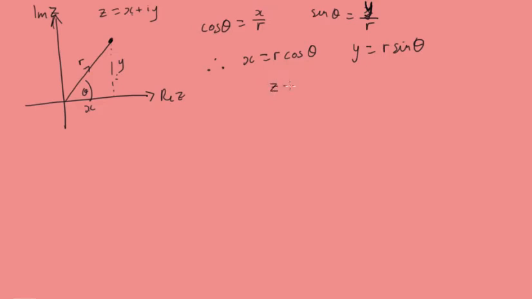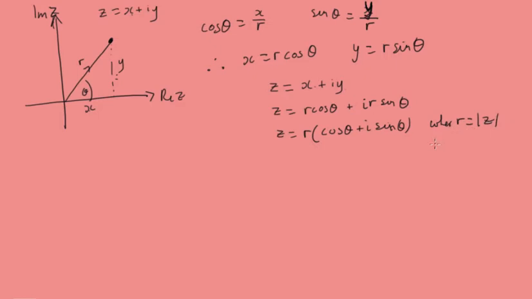So if we've got z equals x plus iy, we can then substitute our values x and y for what we've got here. z now equals r cos theta plus i r sine theta, and we can tidy that up a bit, take the r out, and just have r times cos theta plus i sine theta, where r is the modulus of z and theta is the argument of z, which we've just been defining.